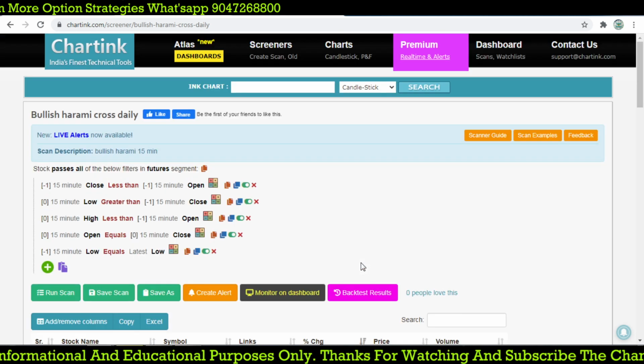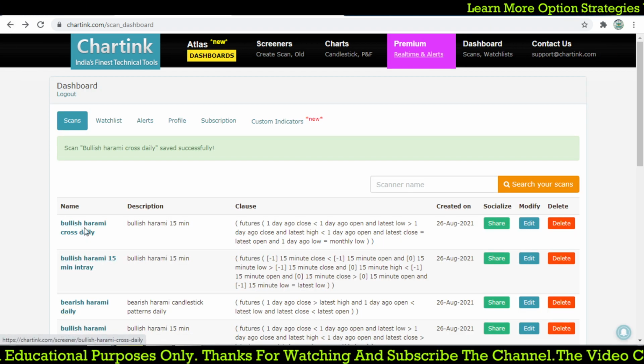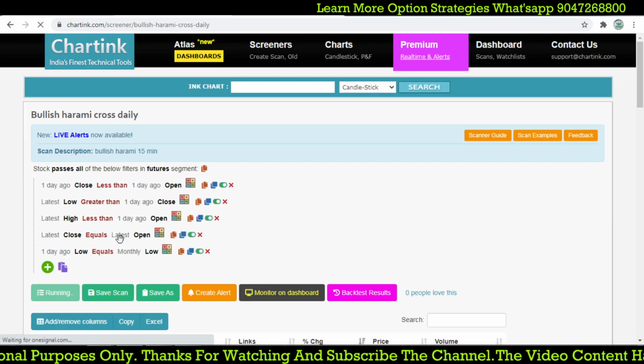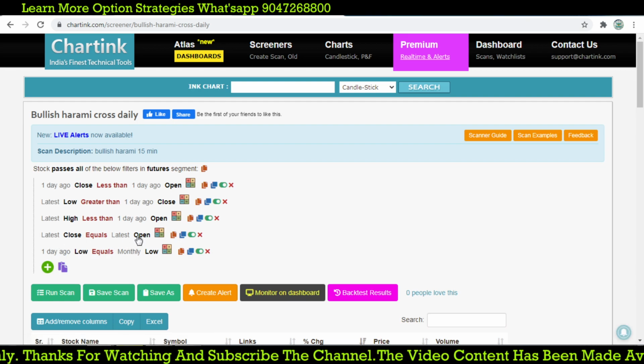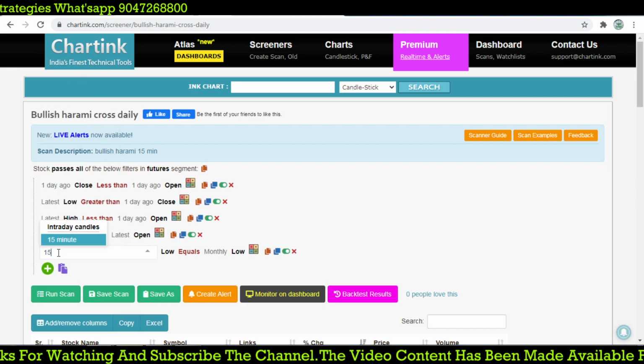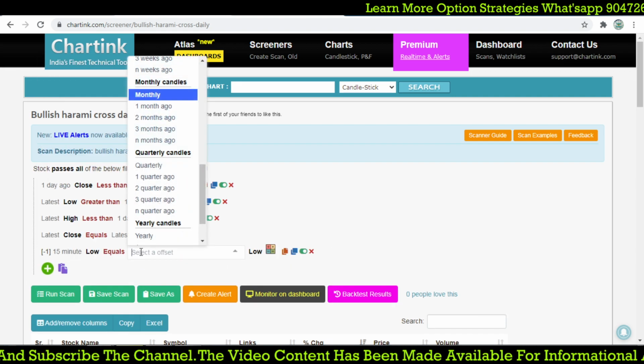We cannot find where we made the mistake, so let's go back again. This Harami cross for daily, and latest close equal to latest open, and 15 minutes minus 1 equal to latest low.